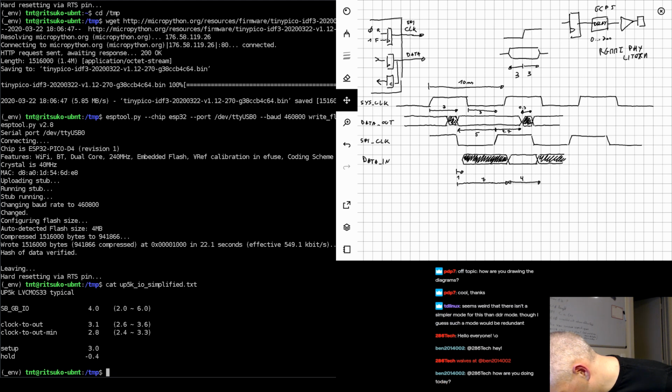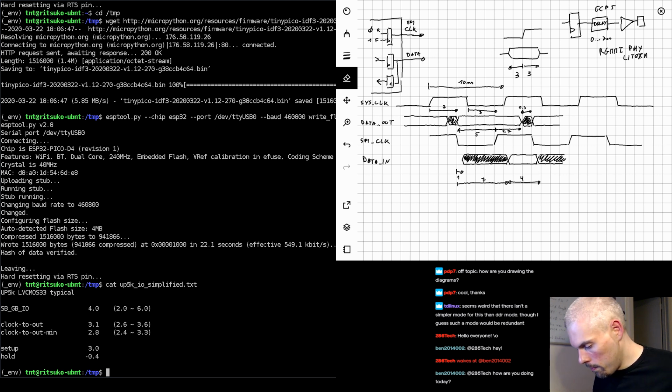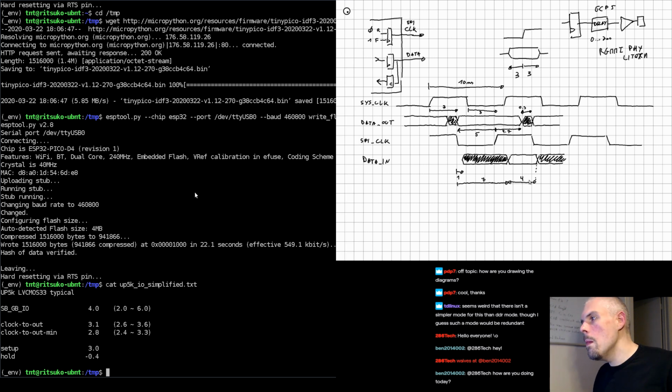So it's less aligned. Okay, so it's more clear that these aren't aligned. Okay, something like this.